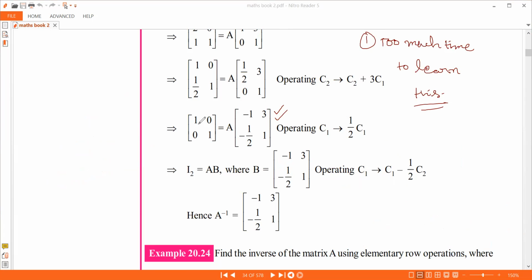For that, 2-3 weeks are gone. In this elementary operation, you will be adding and subtracting. That's all you will learn: how to add, how to subtract, how to divide. These are the only things you are learning in this.